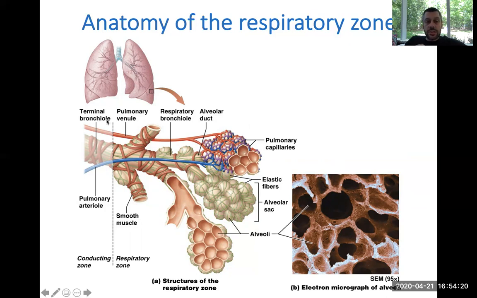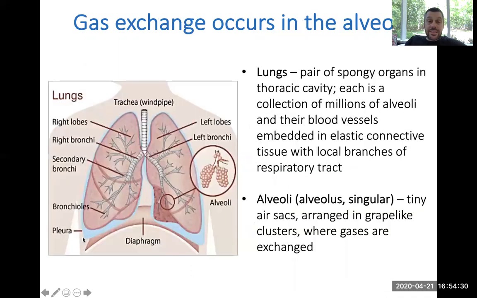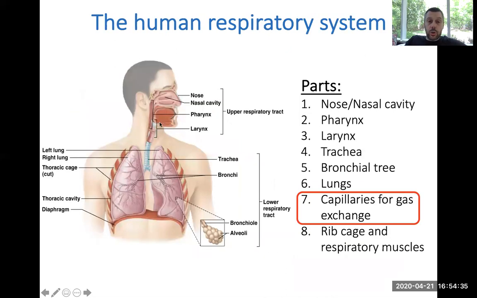Notice that you can separate the lungs into two general areas, shown by this dashed line. To the left of this is called the conducting zone, and that's essentially all of your respiratory system that is conducting air down into your lungs.